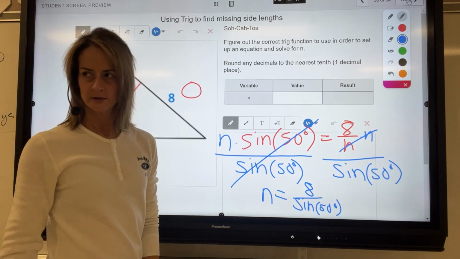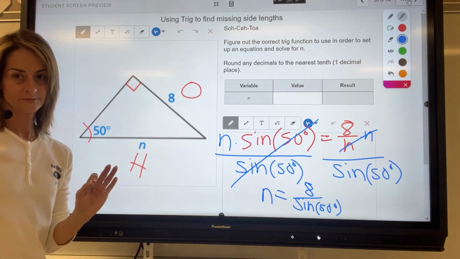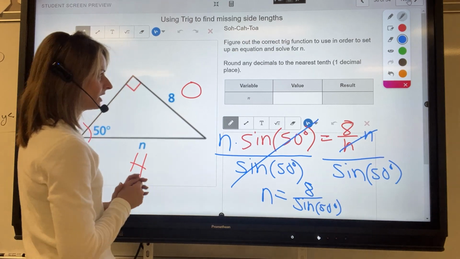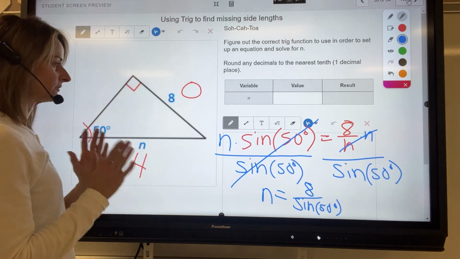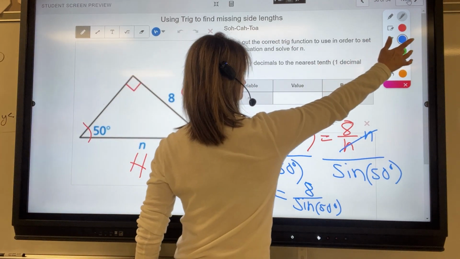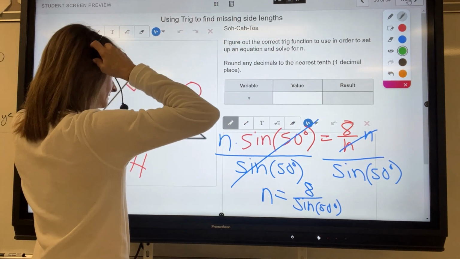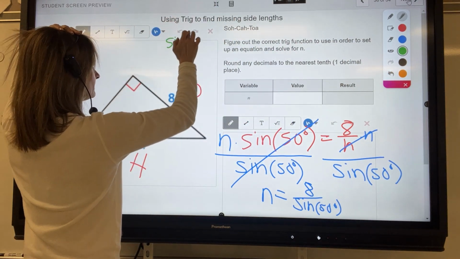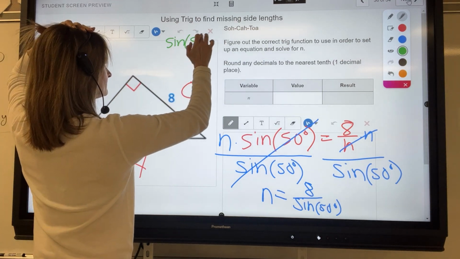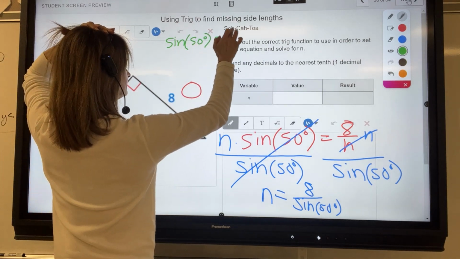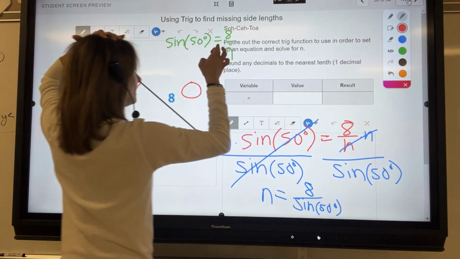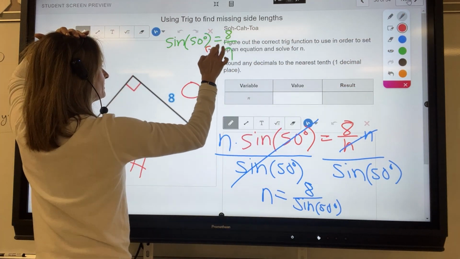Okay? There's a shortcut. Rather than going through all this, what you can do, if you want, you don't have to, from here, and I'll just rewrite it real small, sine of 50 degrees equals 8 over n. You can switch the location of the unknown in the denominator with the term on the other side.